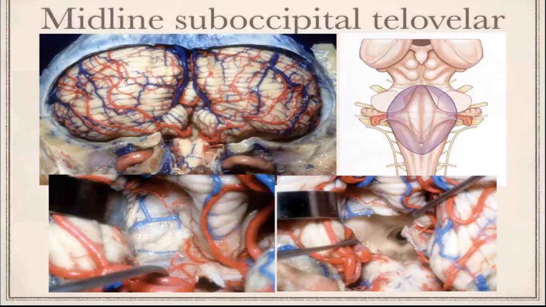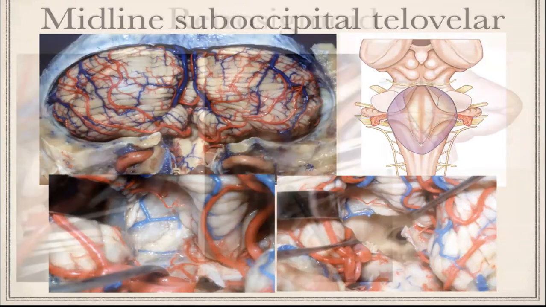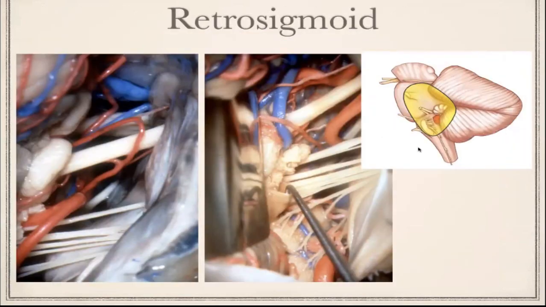Midline suboccipital telovelar, excellent for the fourth ventricle, as you can see, all the way up to the aqueduct and the floor of the fourth ventricle. Of course, never forget the very simple but very versatile retrosigmoid approach gets you here.